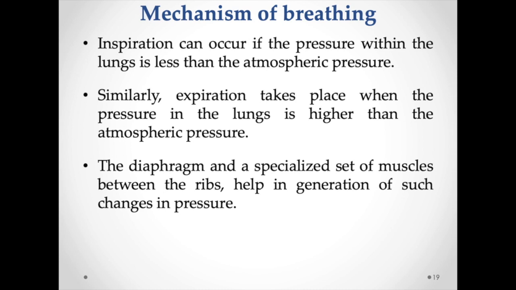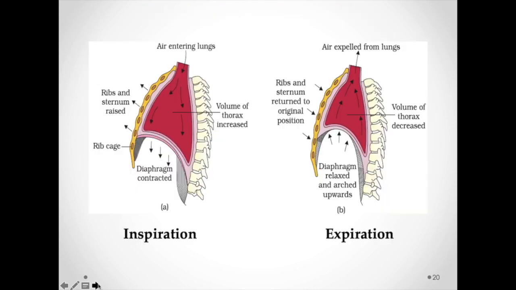Similarly, expiration also takes place because of the change in pressure. The atmospheric pressure is less than the pressure that is found inside the lungs. That means air has to move out from the lungs to the surroundings, and that is how expiration takes place. The diaphragm and specialized set of muscles between the ribs help in changes of such pressure.